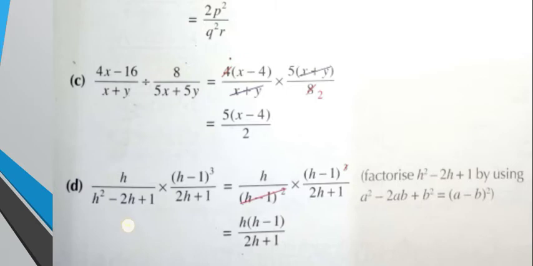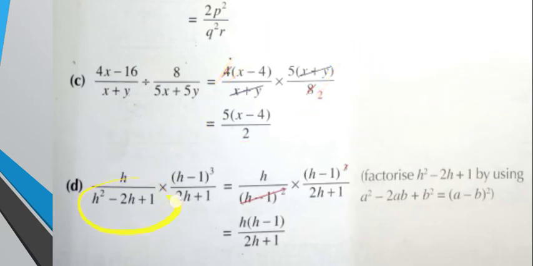And then lastly, this one. To be able to cancel, you have to factorize this first. That's the reason why you learn factorization in the previous chapter. So you can factorize like this, pull out common factors, or you can factorize like this. Still remember doing the bracket thingy?